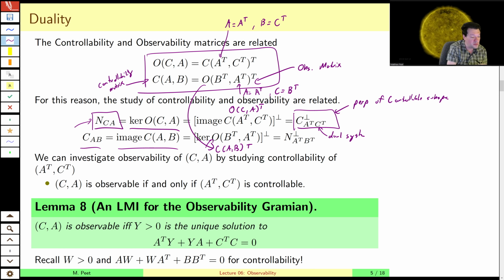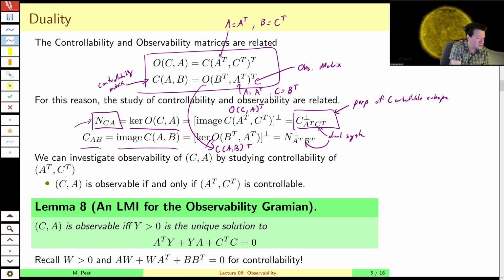gets mapped to the observability matrix of the dual system, and so this space right here, the kernel of that observability matrix, is the unobservable subspace of the dual system. So that's also the dual system here, but the dual of the primal. We have a different primal system.